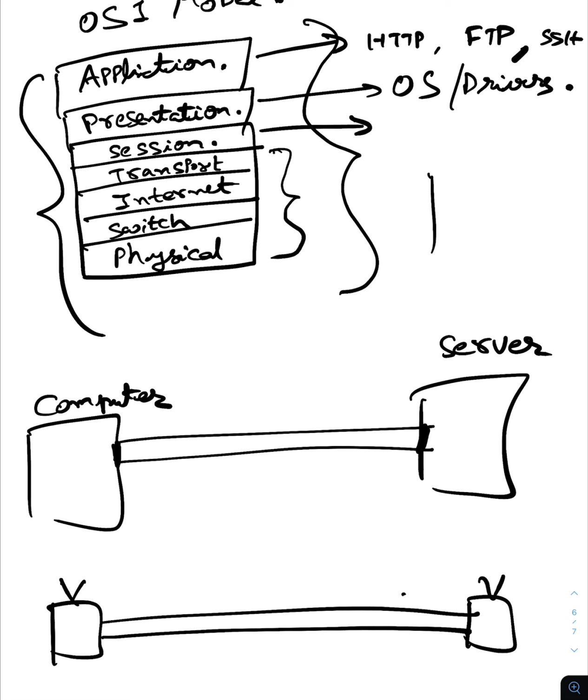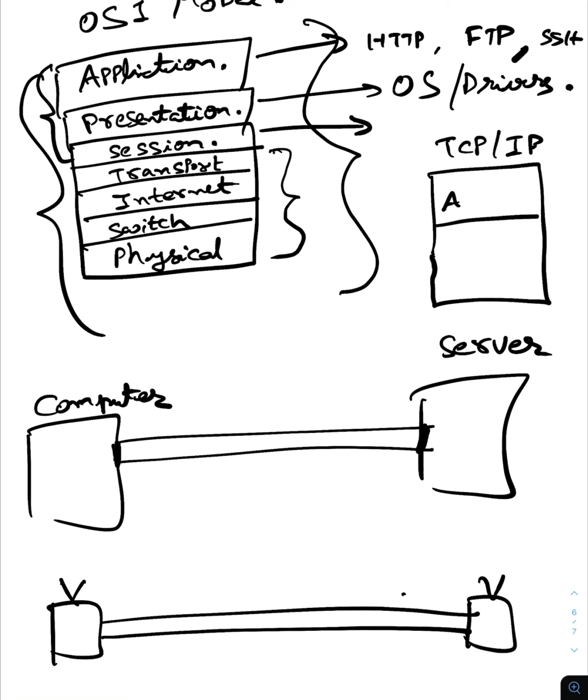The OSI model is also explained by TCP/IP. It's the same thing. TCP/IP or the OSI model is the same thing. The first three layers, application, presentation, and session, are combined together and called just the application layer.